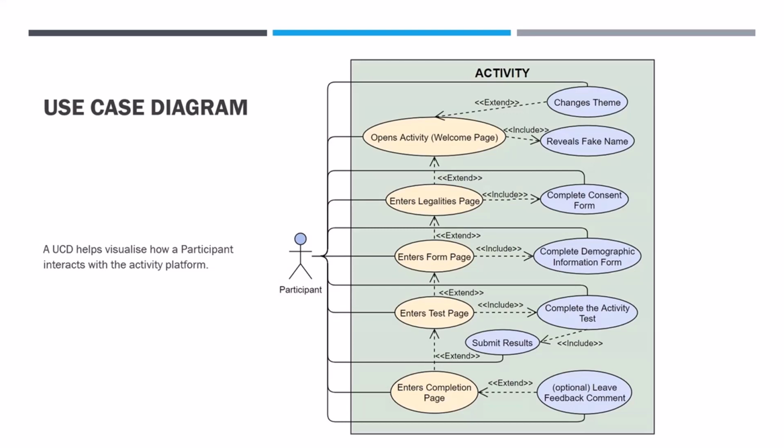What's interesting about this one is that there's lines between practically every use case and the participant, even the ones that are included from the base use case. This is because it's an interactive web activity.